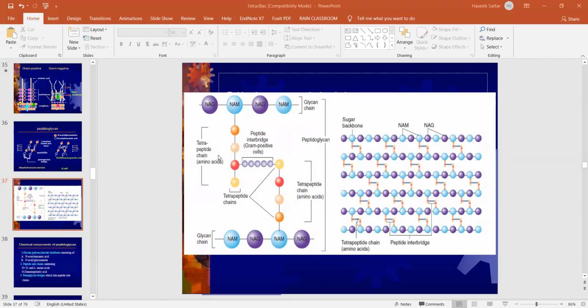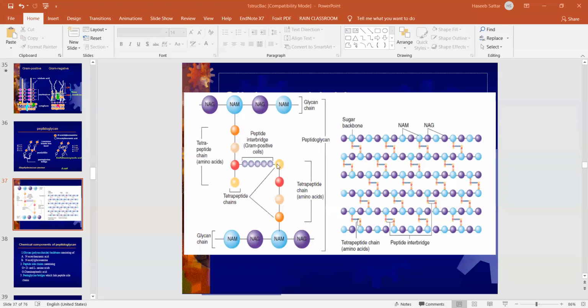Okay, so here you can see the same. We have this sugar backbone, N-acetyl muramic acid and N-acetyl glucosamine, and these are the cross linkages which have a tetrapeptide, like 1, 2, 3, 4, and this is D-alanine which produces a cross linkage or a bridge, a glycine bridge.